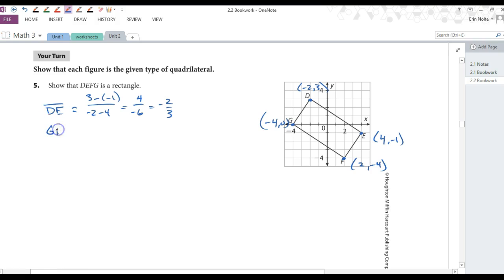So G, F would be the ones that would be parallel. So if I go G to F, it would go 0 minus -4, and -4 minus 2. So 0 minus -4 is 4, and -4 minus 2 is -6, and bam, 4 over -6 reduces to -2/3. So parallel.